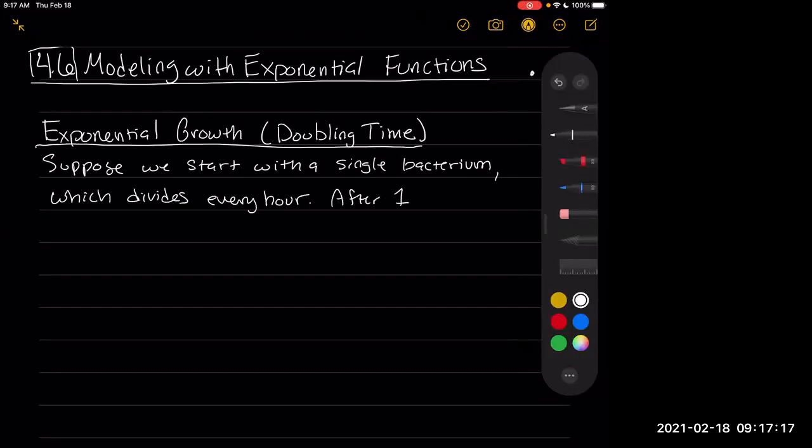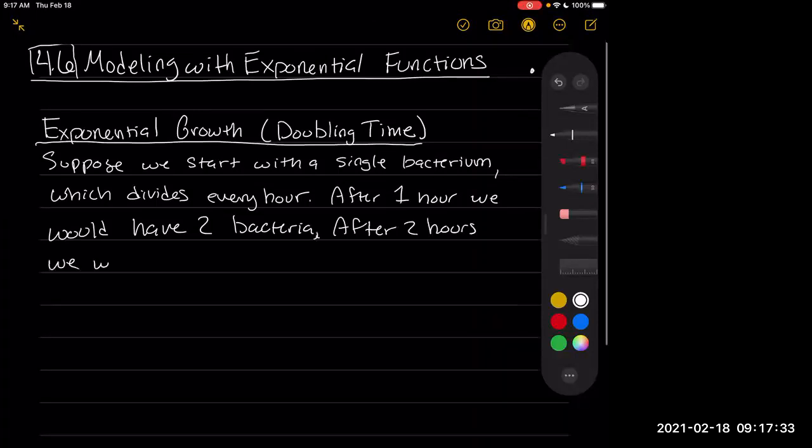After 1 hour, we would have 2 bacteria. After 2 hours, we would have 4. Three hours, 8 bacteria, and so on.